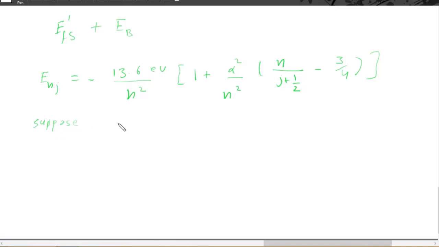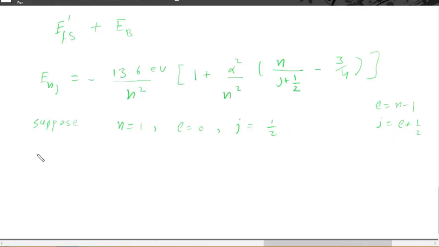for n is equal to 1, then the value of L is equal to 0, because L is equal to n minus 1, and the j value is equal to L plus half. Okay, now the value of j becomes half.